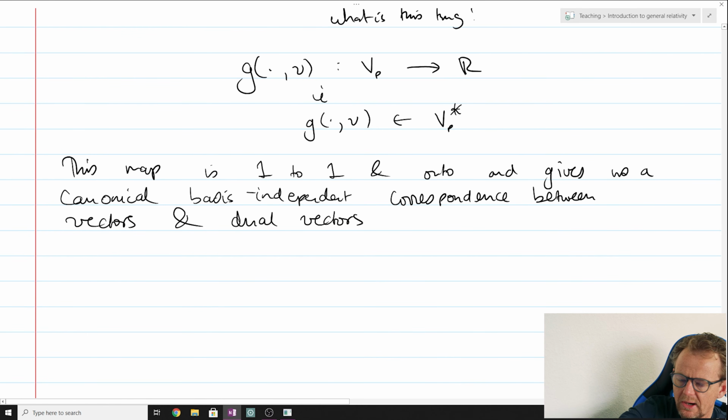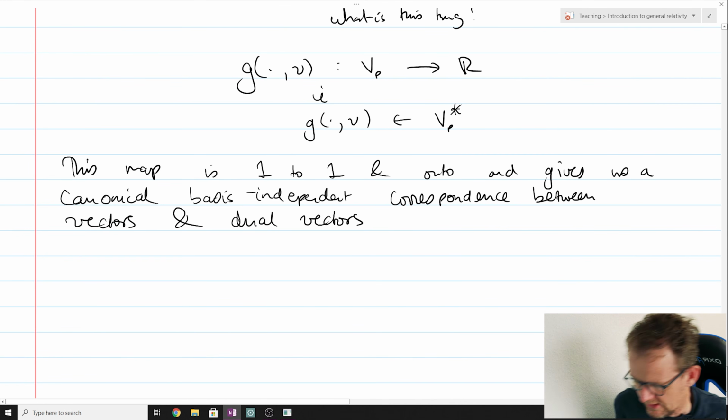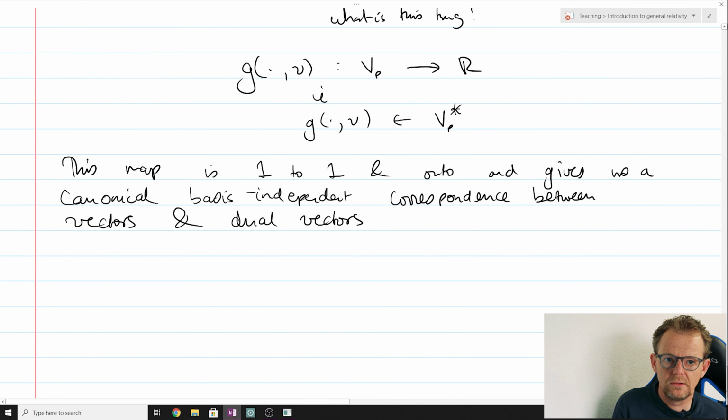It's an extremely powerful tool, and it's one that, once you have this extra data of the metric, is absolutely determined, and it's so useful that many authors don't even introduce cotangent vectors at all. They just immediately from the outset assume that they have the metric, the extra data of a metric, and they identify from the outset all cotangent vectors with vectors via this map in the box.